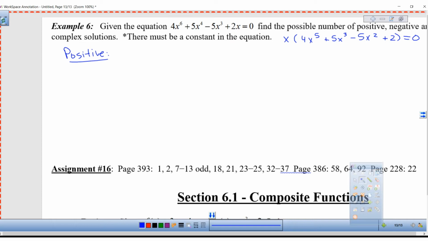Here, no change. Here is from positive to negative, and here's a sign change. So we have two sign changes. So you could have two positive solutions, or you could have 0 positive solutions, because 2 minus 2 is 0. Okay, now let's do negative.